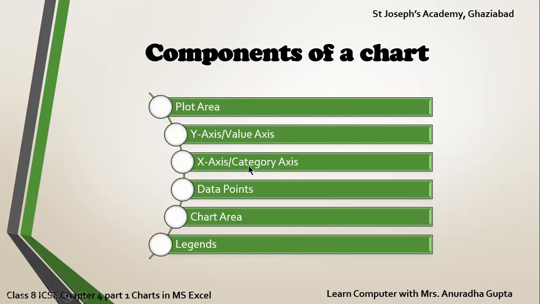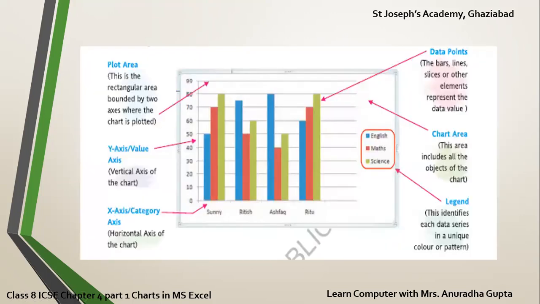X-axis is also known as category axis. Fourth, data points. Fifth component of a chart is chart area. Sixth component of a chart is legends. Let's learn each component of a chart through a picture.